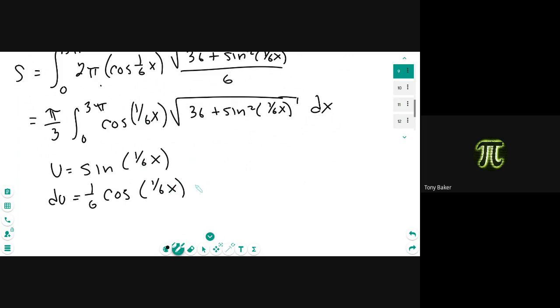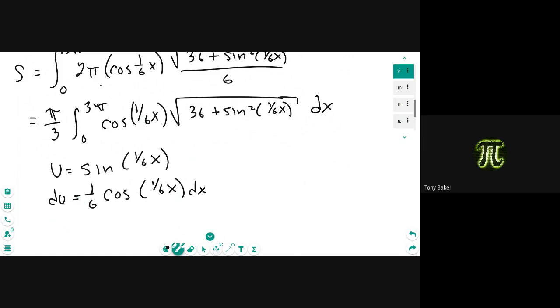then my du is just that. Okay, so what I get is the square root of 36 plus u squared.